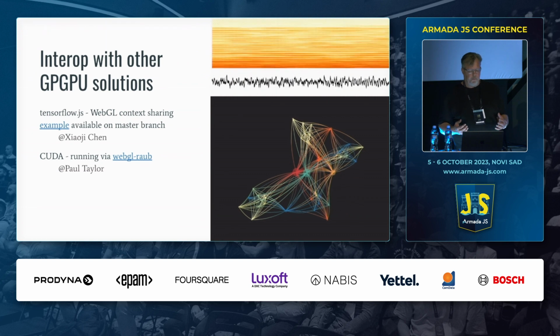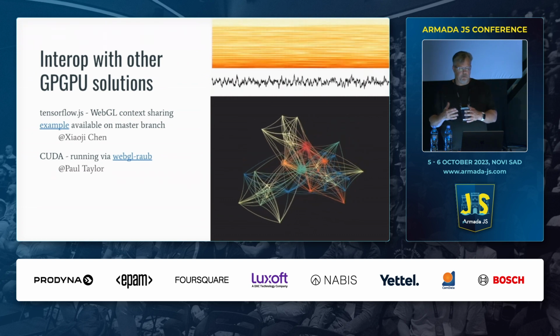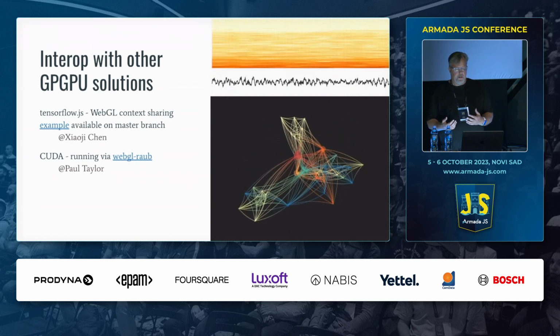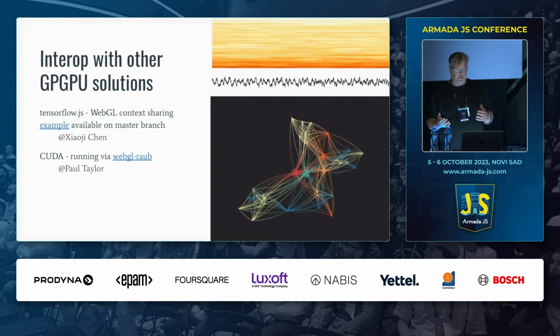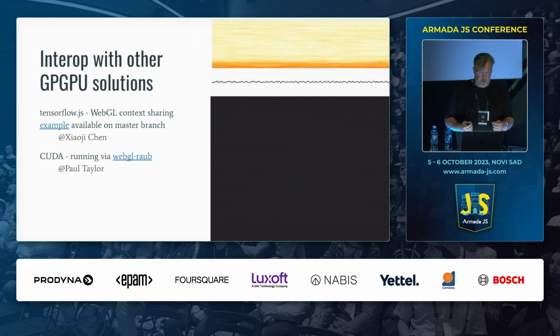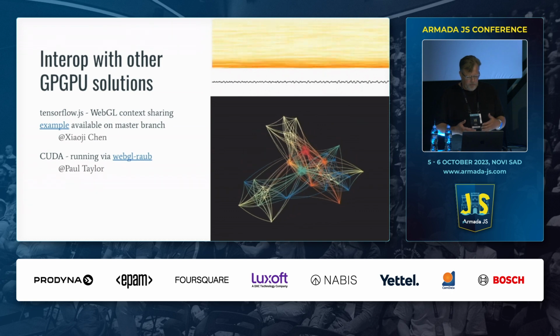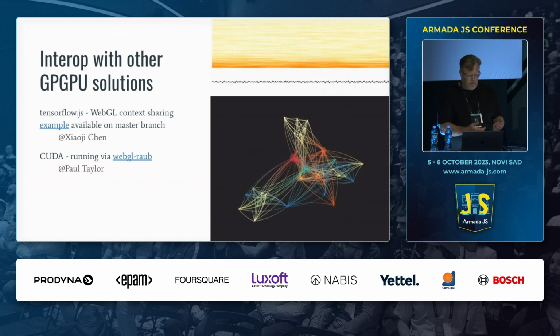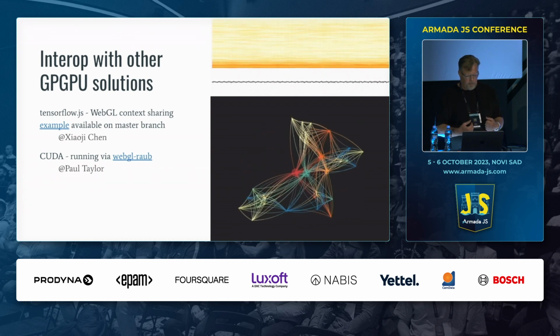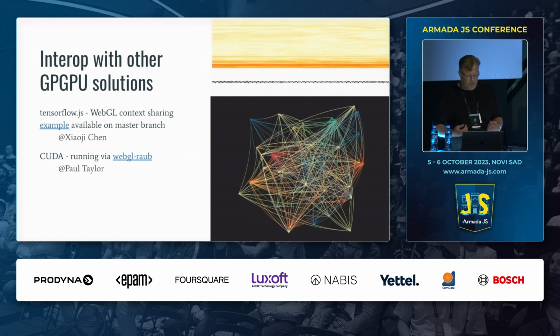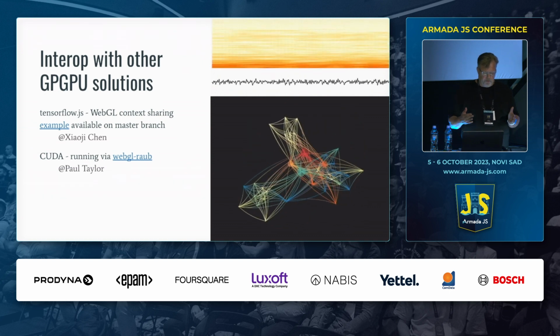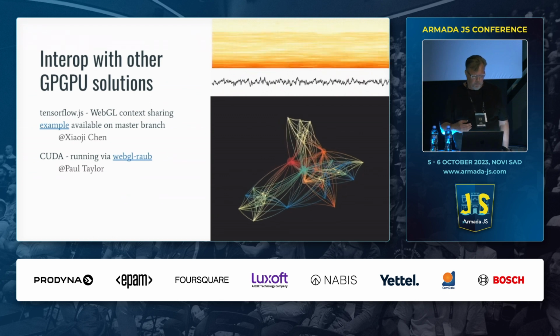TensorFlow JS has a big library of algorithms running on the GPU. And of course, many of them are machine learning specific, but many of them are also quite generic. And the beauty is that the computation is done on the GPU, so we don't have to take it back to the CPU and then back to the GPU, which is really the performance killer in this type of context.